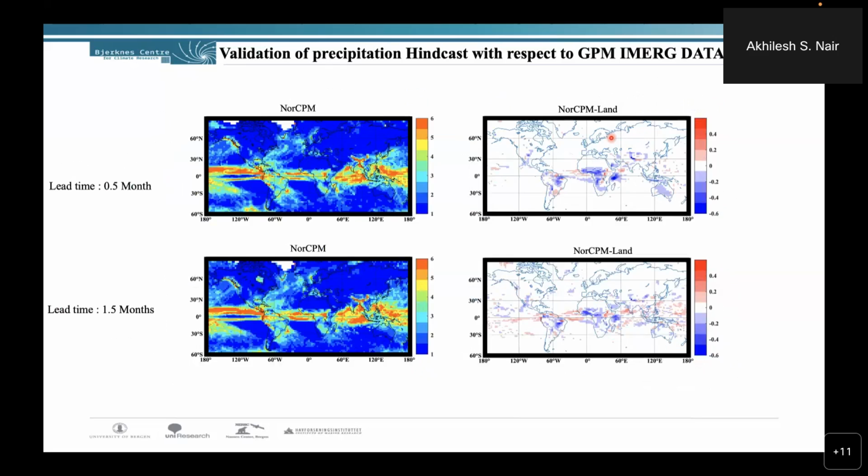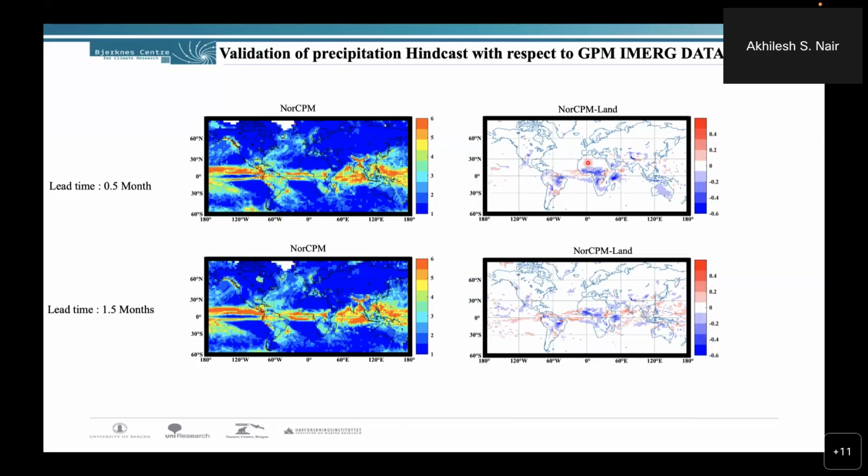Then we checked how it affects the precipitation. Again, on the left we have the NorCPM simulations, and on the right we have NorCPM land. The first row is for 0.5 month lead time, and the bottom one is 1.5 month lead.